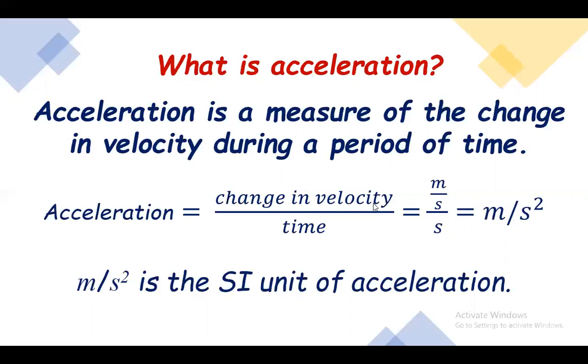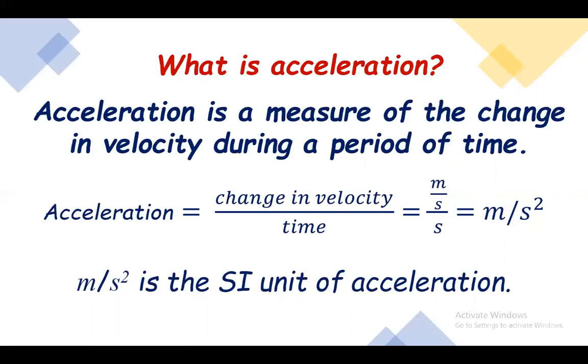And we know that velocity is measured by meters per second and time is measured by seconds. So if we divide these two on each other, it will give us meters per second square, okay, which is the unit we use to measure acceleration. So this is the second point.